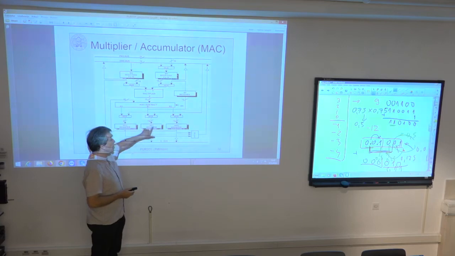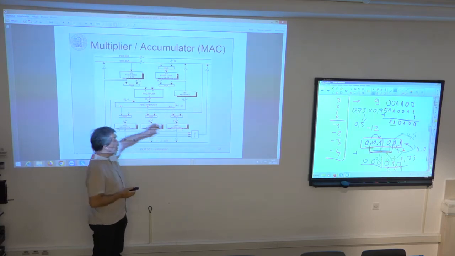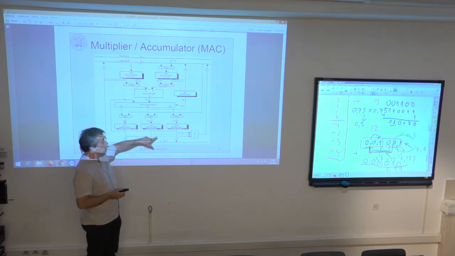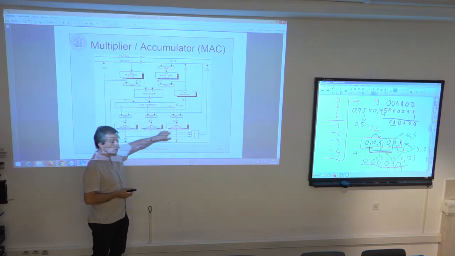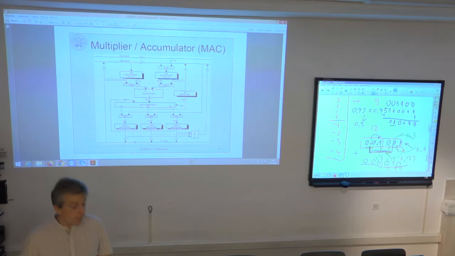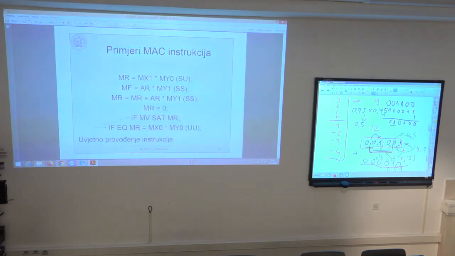So 7FFFFFFF. If this value in the whole 40-bit register is negative, then the largest negative value is written, and that would be 80000000. Okay, so that is the meaning of this saturation instruction. So if multiplier is overflowed, then saturate result MR.